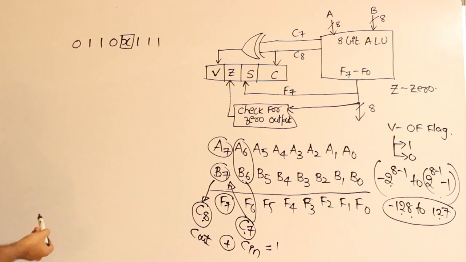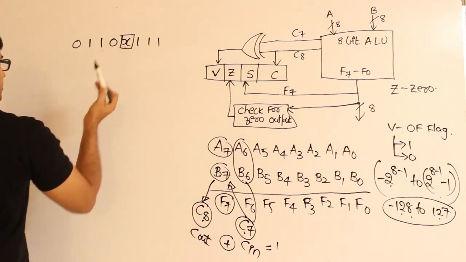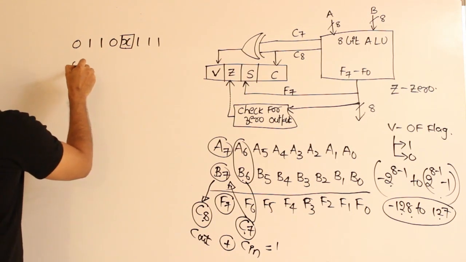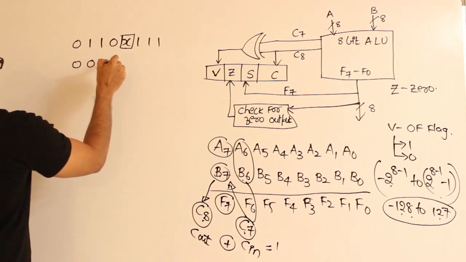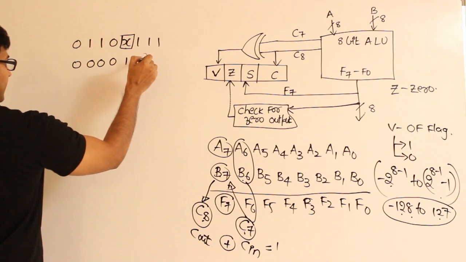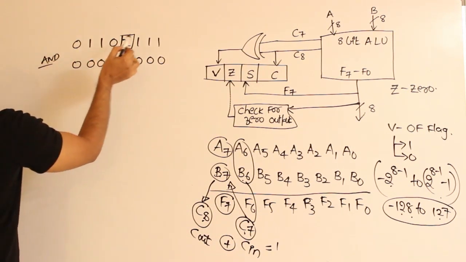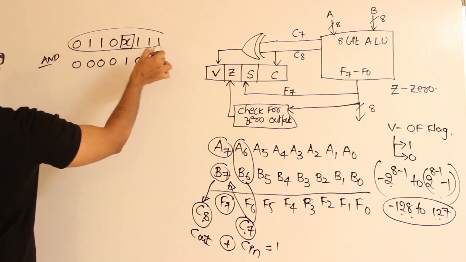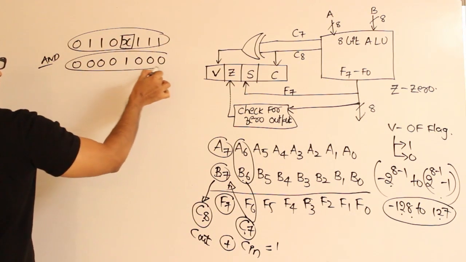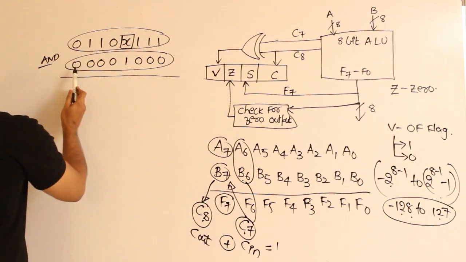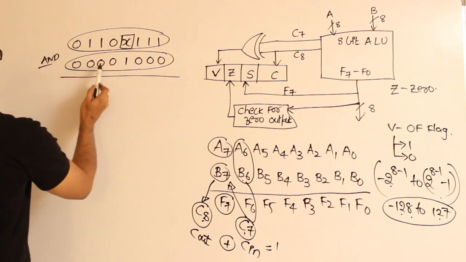How can I use it? In order to test only this particular bit, you mask out all the other bits by applying AND. One of the operands is going to be this, and the other operand is a mask, because the position I want to test is, let us say, the 5th position from the MSB: 1, 2, 3, 4, 5.